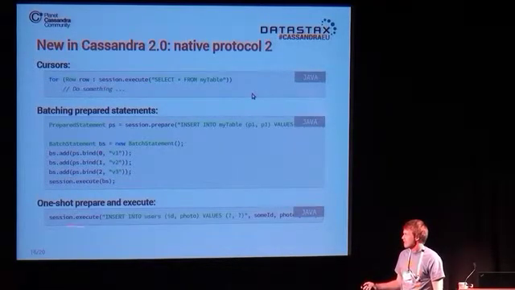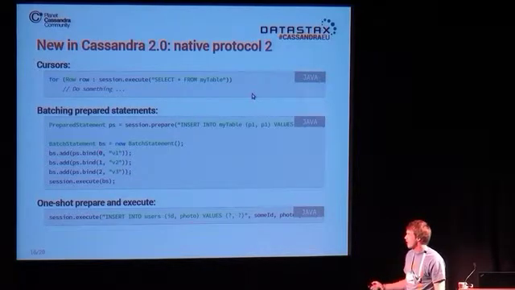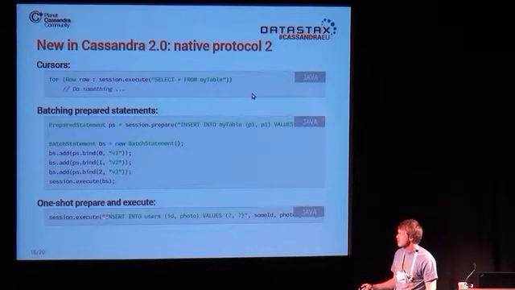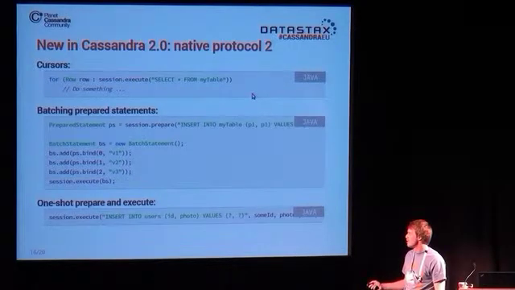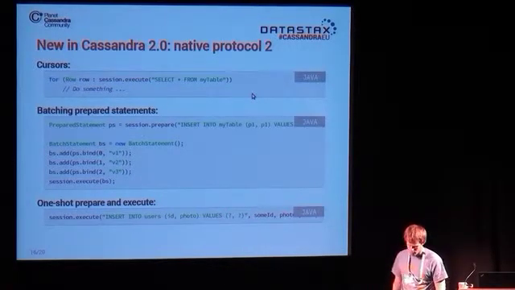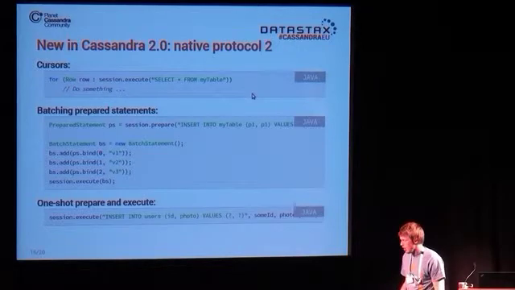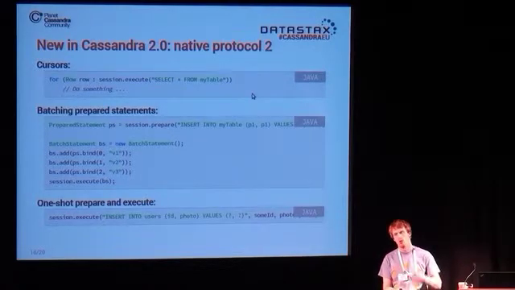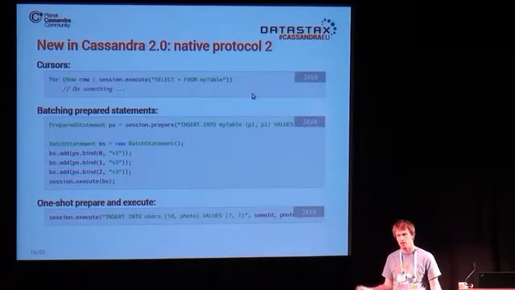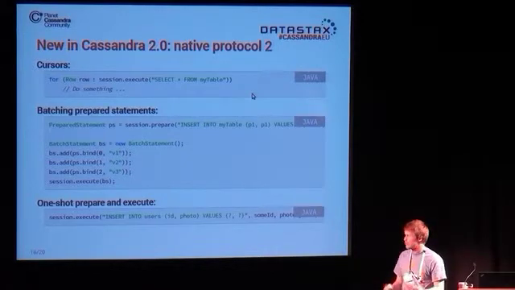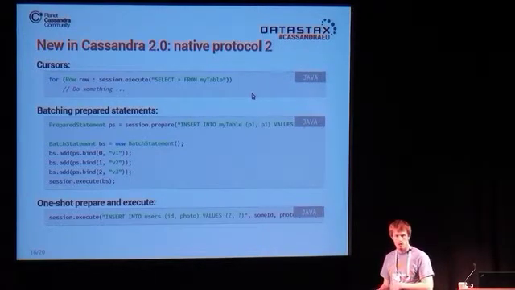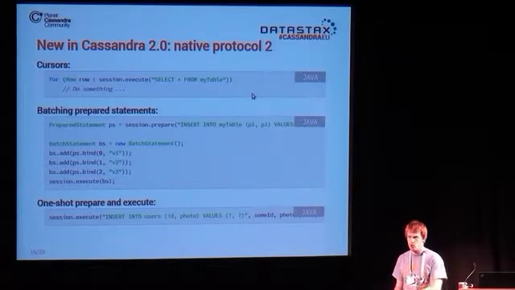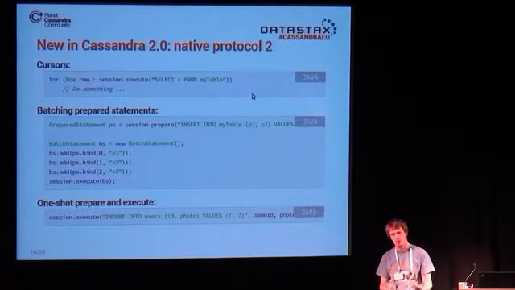The last user visible feature we've added in the protocol is the ability to send a query with variables and the values alongside. In general, when you actually have bind variables, you want to prepare the query because you will use it repeatedly, so you want to save the parsing of that query, right? But there are a few cases where you will execute the query only once. So you don't want to prepare the query and then execute, because you'll do two round trips to the server, and that's useless.